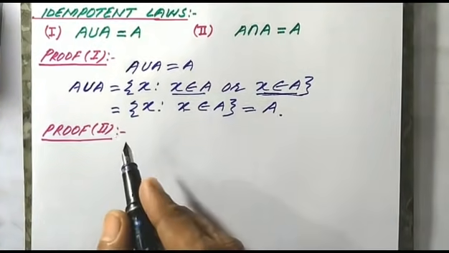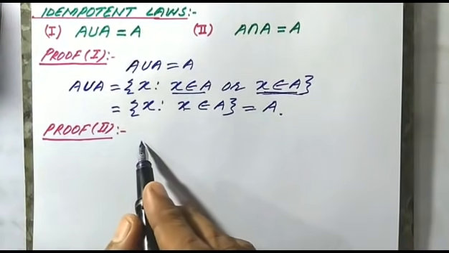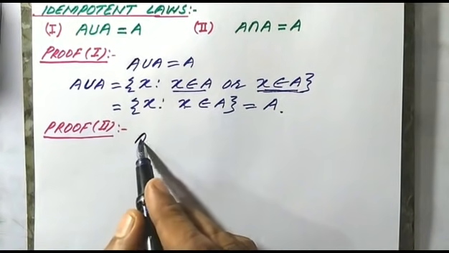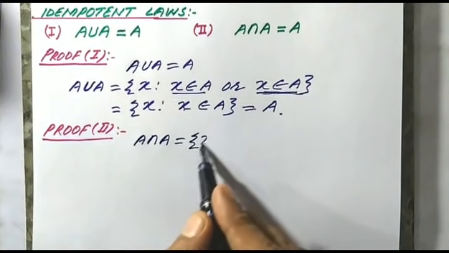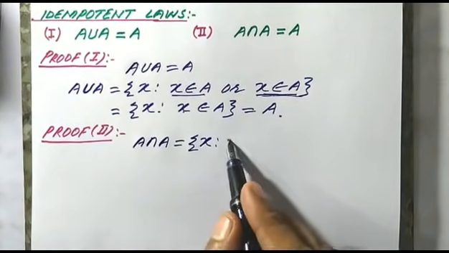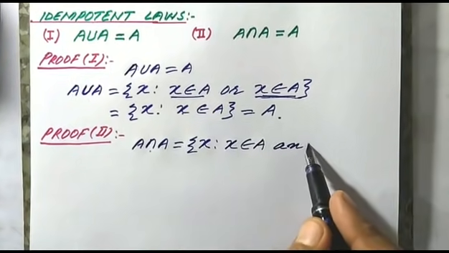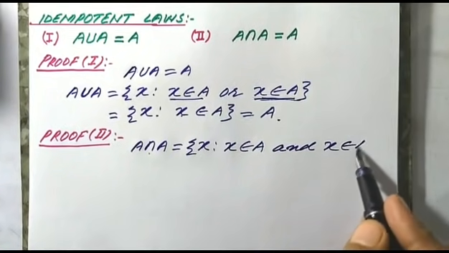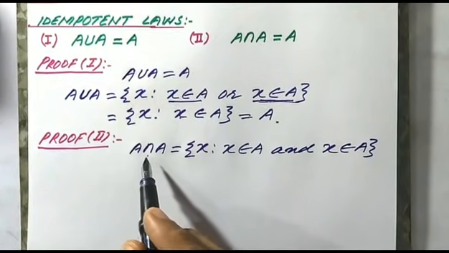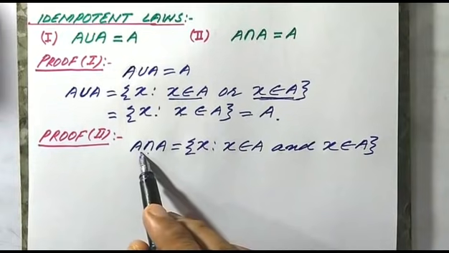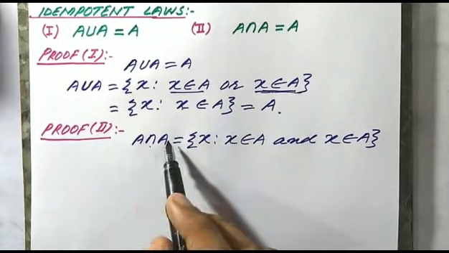Now let's prove the second idempotent law, that is A intersection A is equal to A. So by definition, A intersection A is a set of X such that X belongs to A intersection, then we have to use the word and, X belongs to A. Because in intersection we take the common element, so if an element belongs to intersection of the two sets, that must belong to both of the sets.